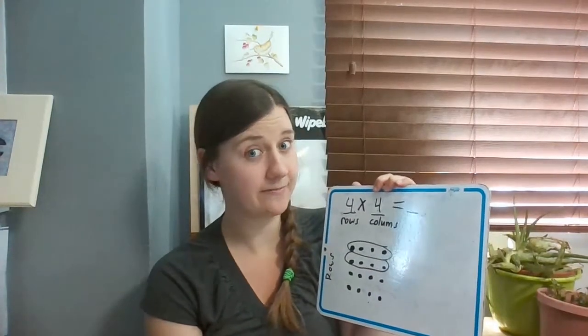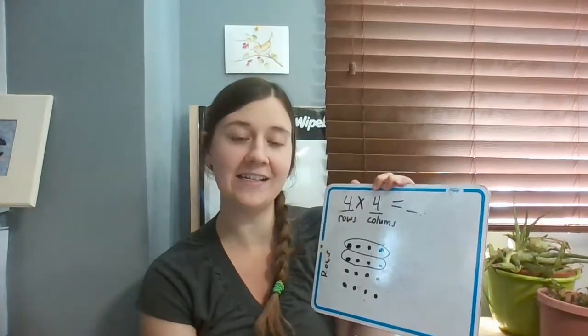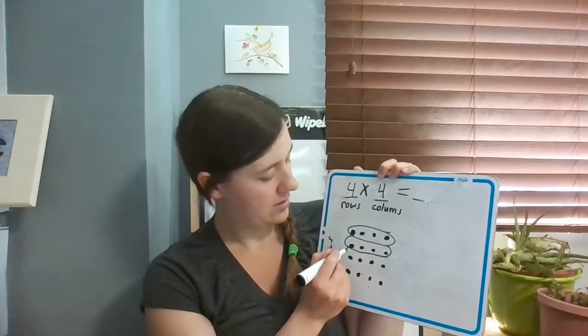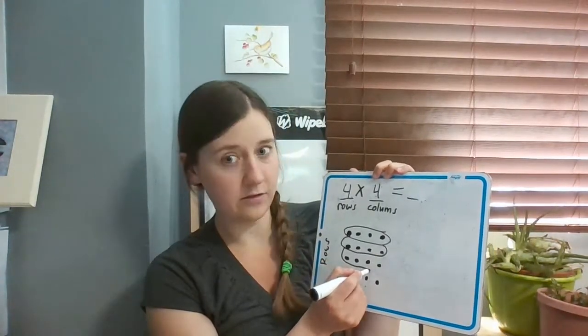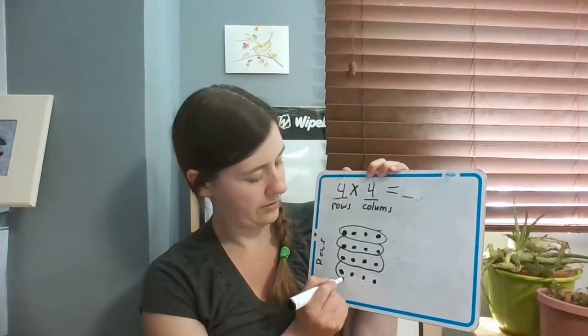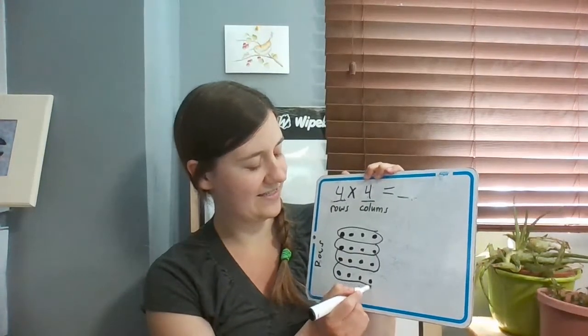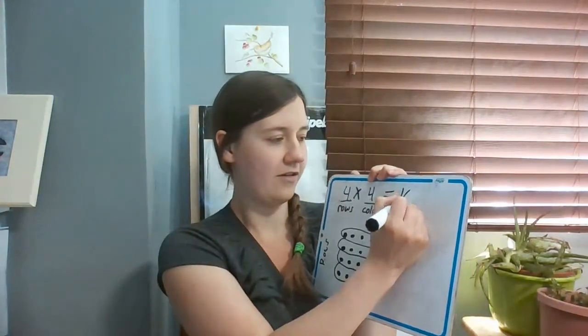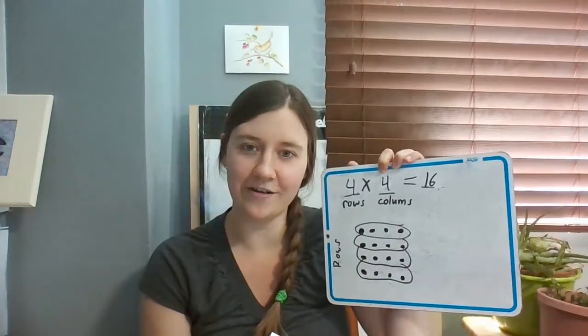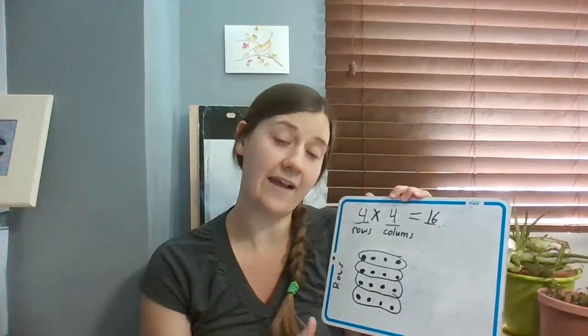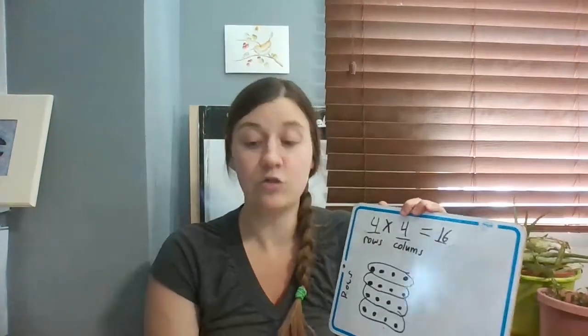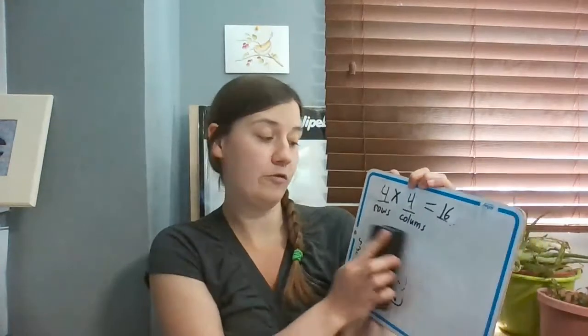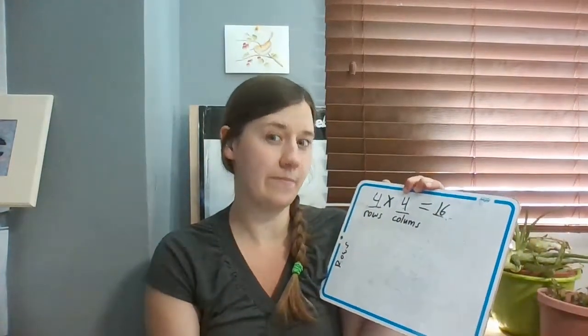We know our doubles. Now let's just count. 9, 10, 11, 12, 13, 14, 15, 16. That's it. That's our answer. Using dots to help you count is a great way to do your multiplication if you don't know how to skip count by that number.